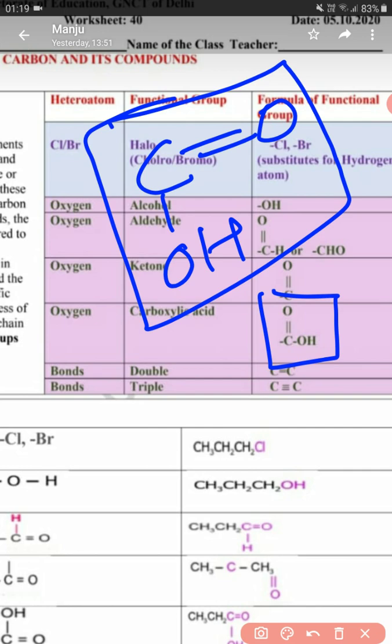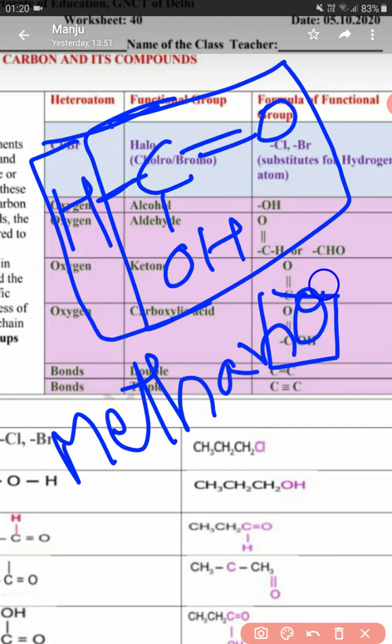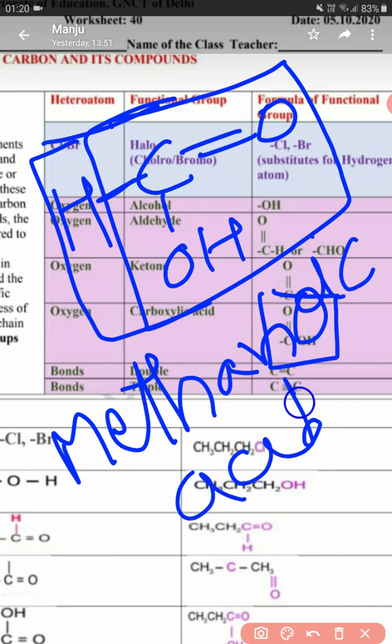Suppose this carbon is already having 3 bonds, so one more bond. Suppose hydrogen is there. So this compound which is having only 1 carbon atom and a carboxylic group is known as methane, 1 carbon atom, and this E is replaced by OIC, that is oic acid. So this compound is known as methanoic acid.